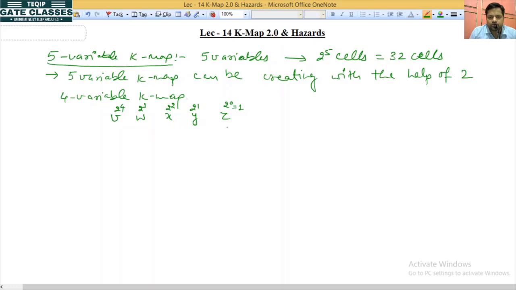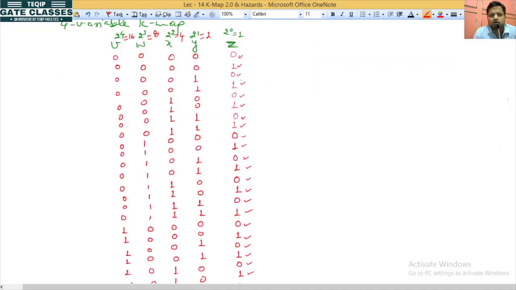So 1 0 and 1 1 up to 32 combinations. So I have written all the combinations of 5 variables, because we are going to represent the 5 variable K-map. So I have written here all the 5 variable combinations of input.